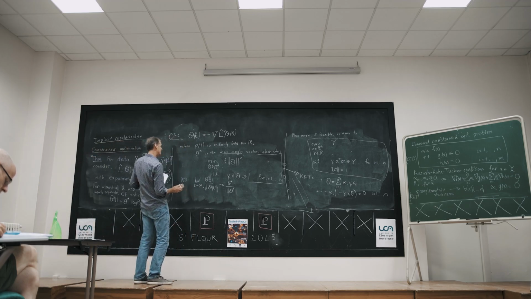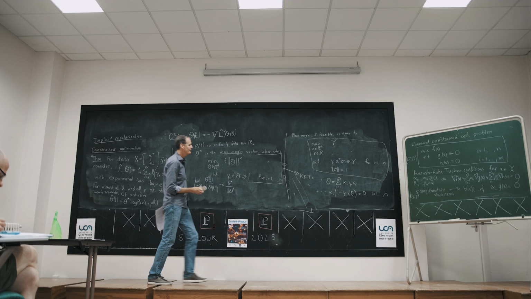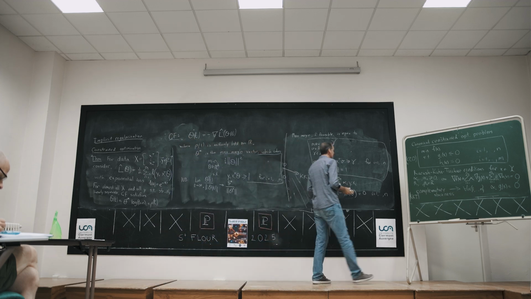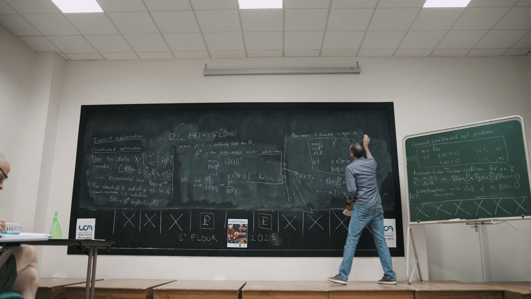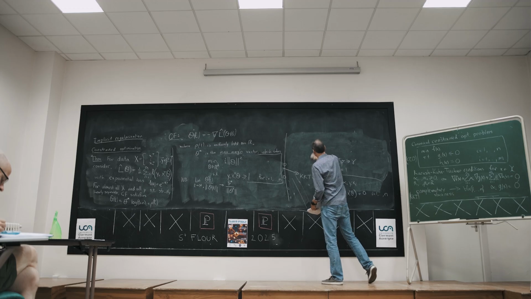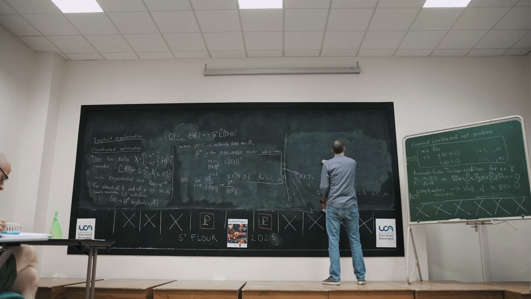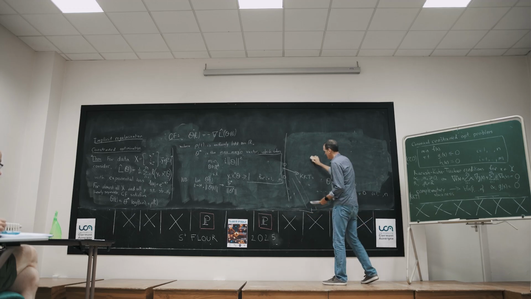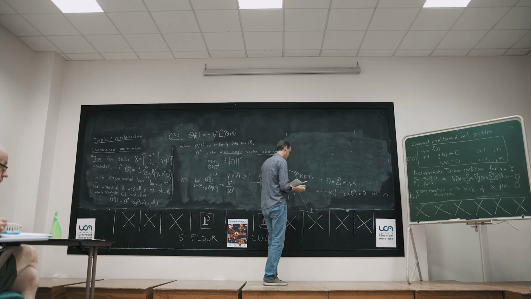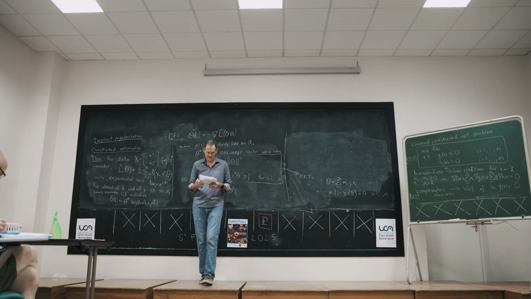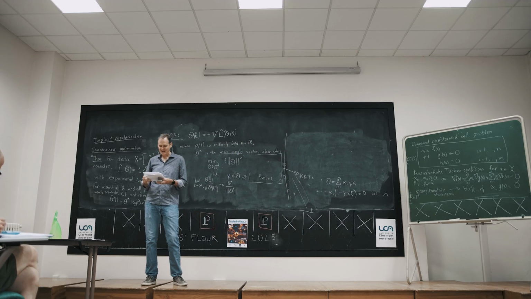I want to leave everything up, so I don't have much space. So okay, let's erase this. I might try and leave the KKT conditions up there as well, so I'm probably going to wave my hands.